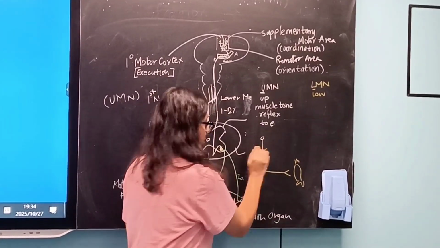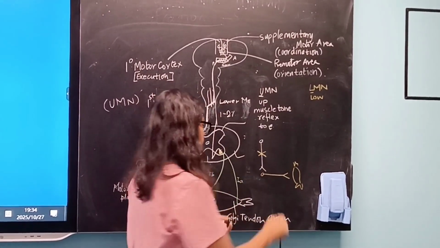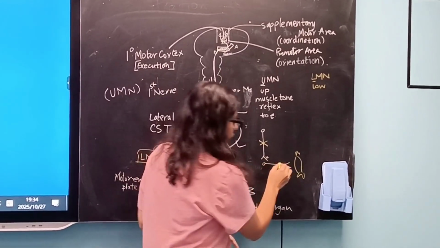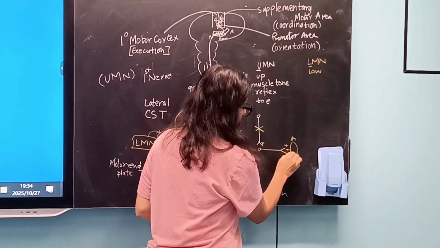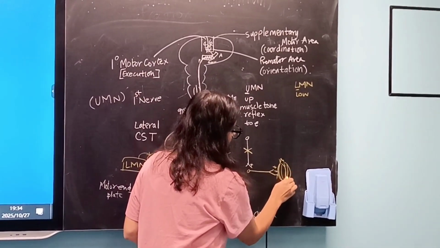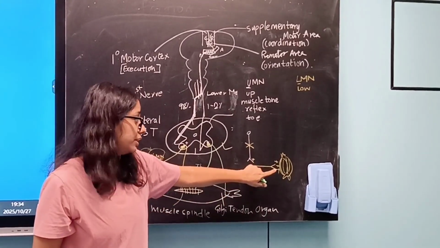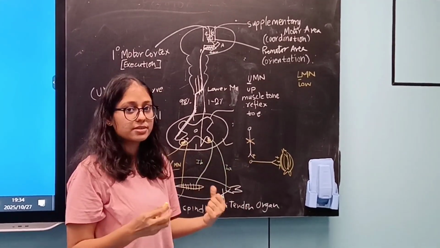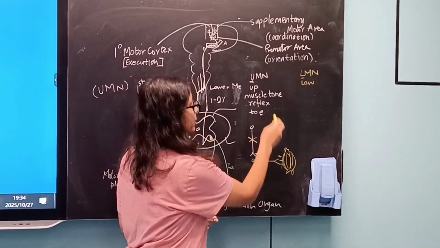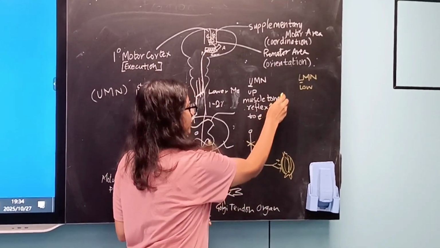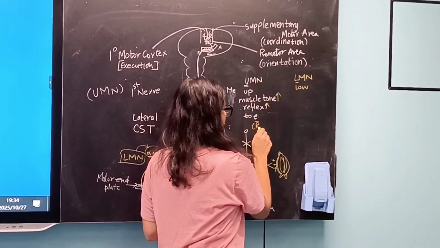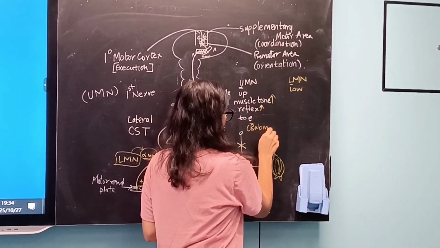Now this has stopped functioning in case of a UMN lesion, so the excitatory signals to this will be stopped. From here, the signals going to the muscles are going to be too much, as it has lost control, and hence the muscles are going to be excited too much. Because of this excitation, the reflexes are going to go up, the muscle tone is also going to go up, and for toe, we need to understand Babinski sign.